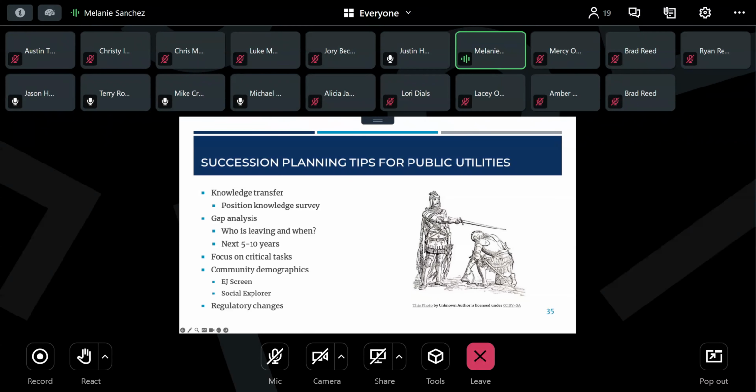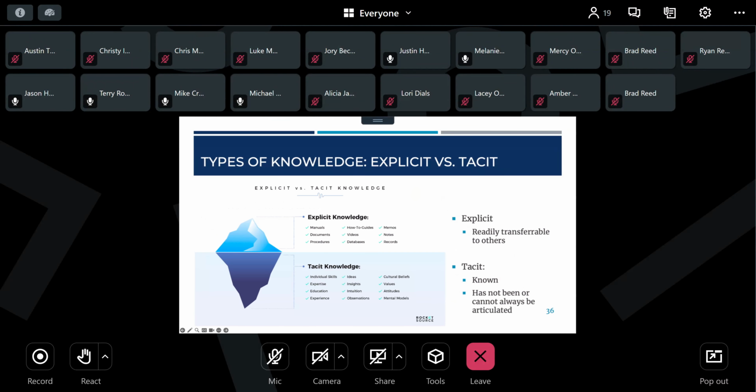The last piece here is regulatory changes. So we want to stay attuned to regulatory changes within the industry and anticipate how these changes might impact the workforce and adjust those succession plans accordingly. So before we move into how we're transferring the knowledge, I just want to touch on the types of knowledge. And there's going to be two types I'll talk about today, which is explicit and tacit.